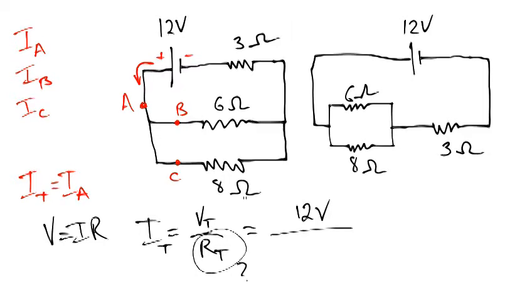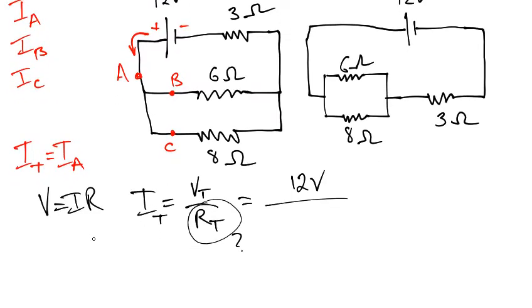Now in order to do this, we're going to have to know how to simplify a circuit. Now if we come over here, I'm going to change colors again. I want you to recognize that this part of the circuit can be replaced by its equivalent resistance.